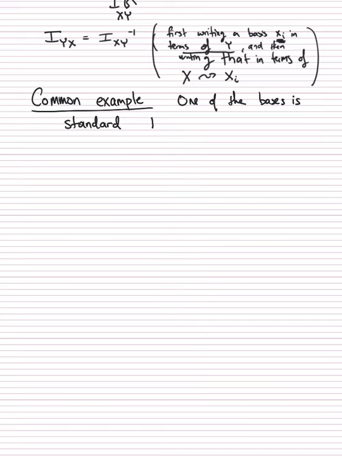Maybe you're just in F to the n, and your basis vectors are the standard basis vectors e1 through en. Then for any other basis, b1 up through bn, we know how to write the bi's in terms of the ei's.